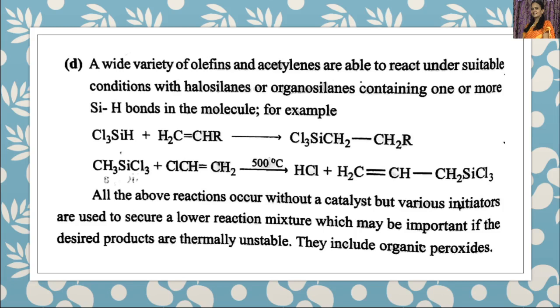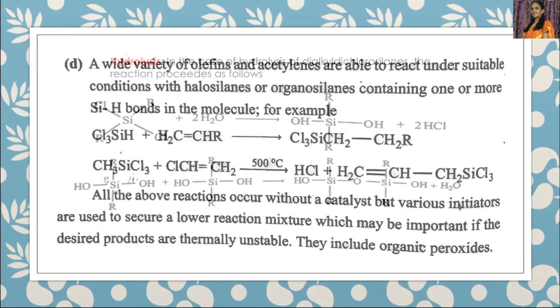Now all these reactions occur without a catalyst, but various initiators are used to secure a lower reaction temperature, which may be important if the desired products are thermally unstable. So they include organic peroxides. So here organic peroxides are used as initiators in this reaction.